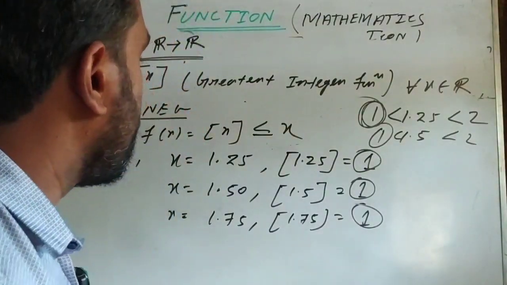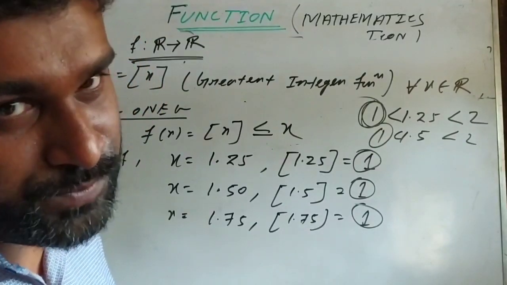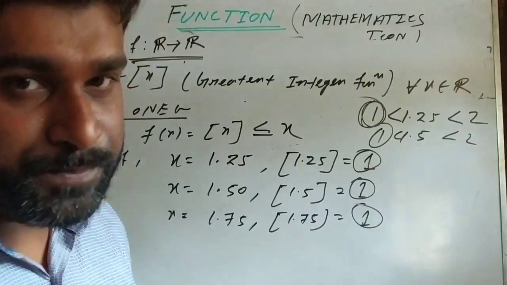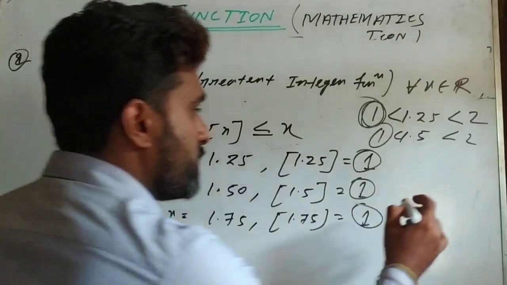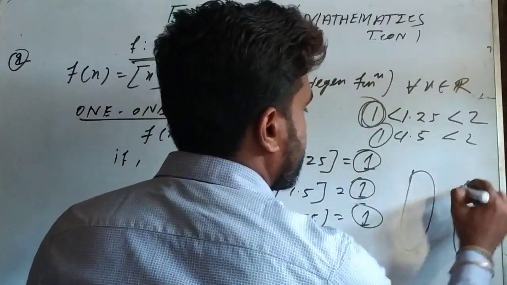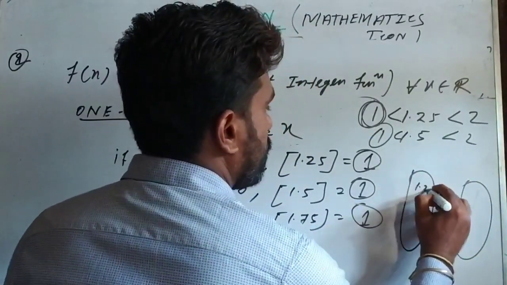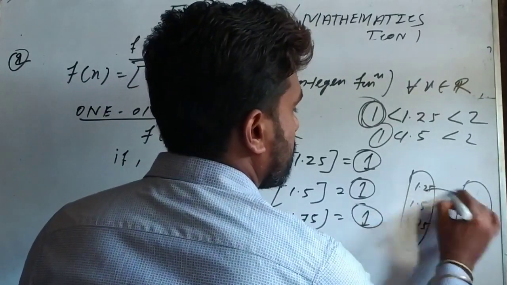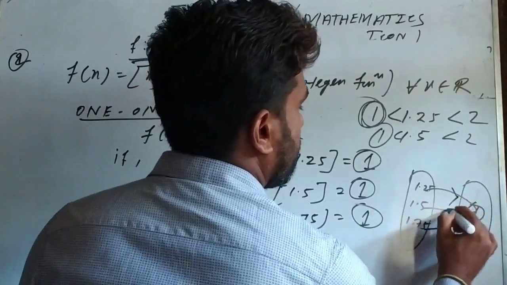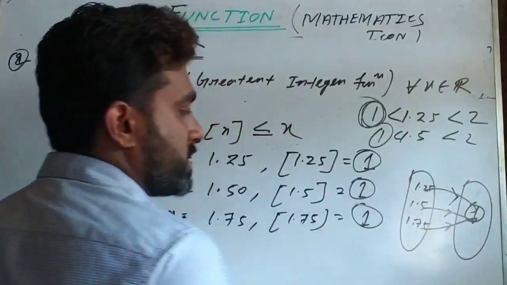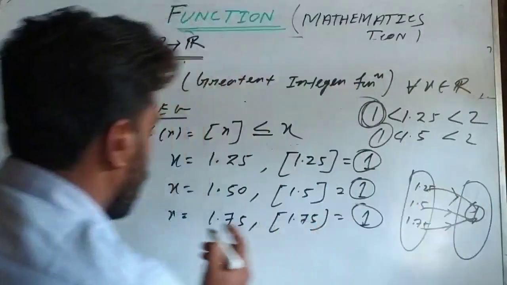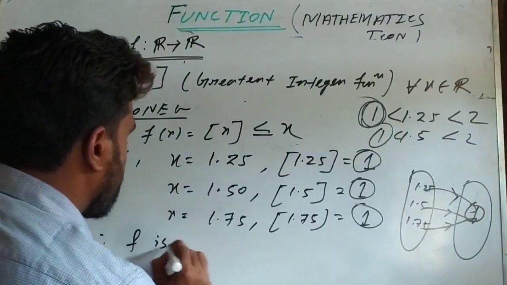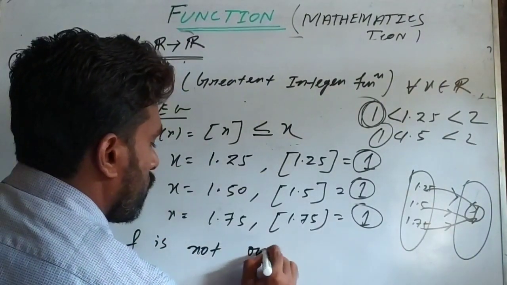That means this is not one-one. Here you can see the first set and the second set: 1.25, 1.5, 1.75, but the answer is 1. For every input, the answer is fixed. That means many-one. So f is not one-one.